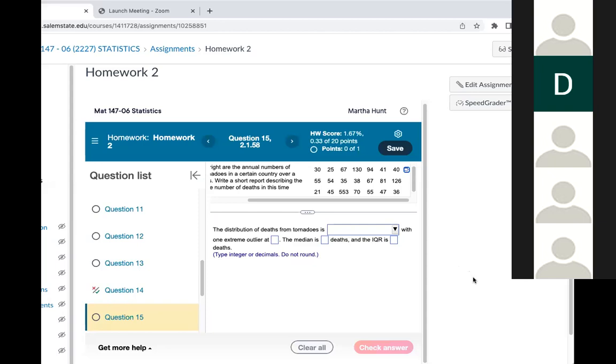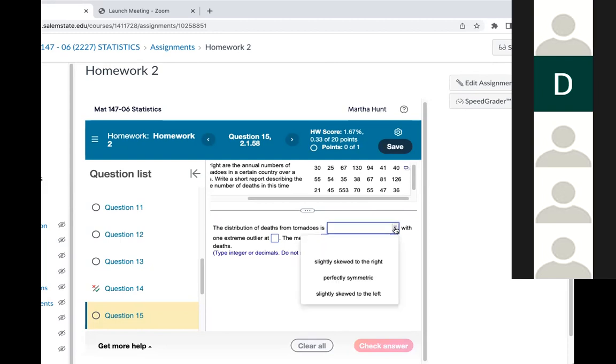Okay, and we're back to the problem, right? Yep. Okay, so the distribution is skewed. Remember how the box was really tight, and then there were those high outliers. If there's high outliers, in which direction is it skewed? I made it horizontal so the big numbers would be on the right and the small numbers on the left.